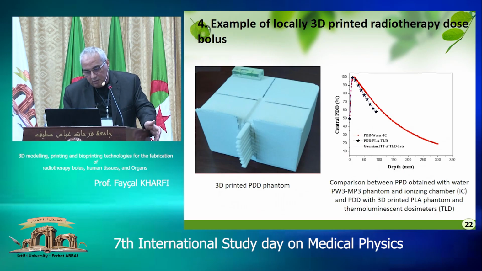There is a difference, certainly, because the mass density is not the same, but if you introduce the right data, no problem. For example, if you use water, we have, for example, 1 centimeter. 1 centimeter is equivalent to maybe 0.8 centimeter with our material to get the same dose shifting.